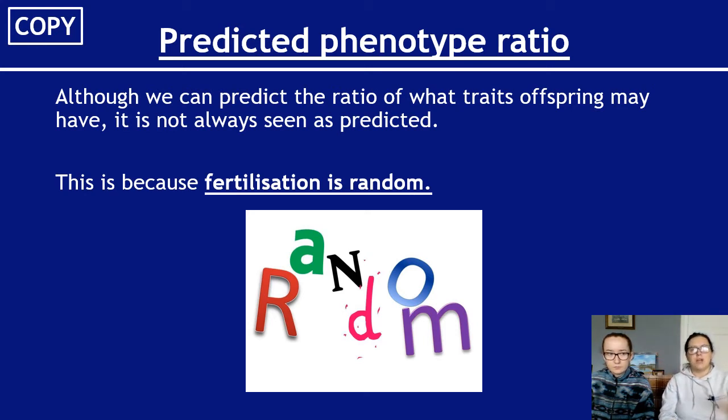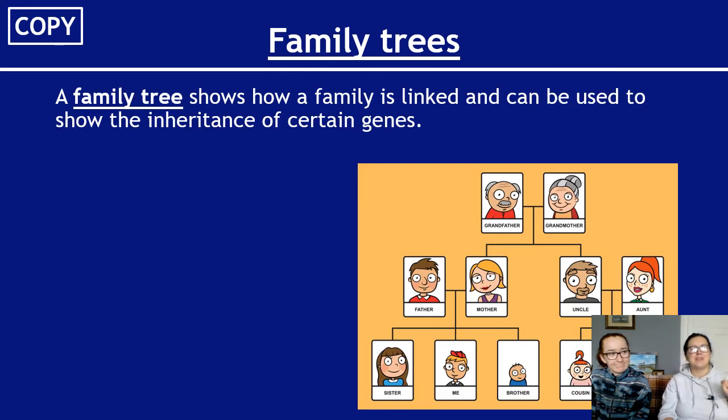But again, it's random sperm meeting random eggs, so we will not see the ratios applied in real life very often, except in my family, where we do actually have perfect ratios of four children: one showing all the recessive characteristics, and three of us showing dominant characteristics, which I find quite fun.